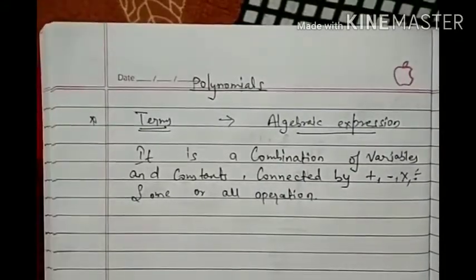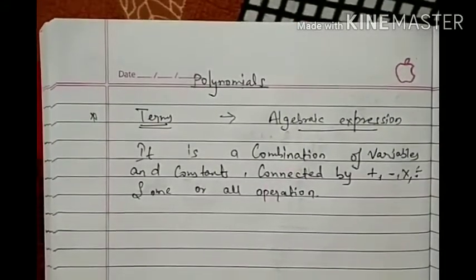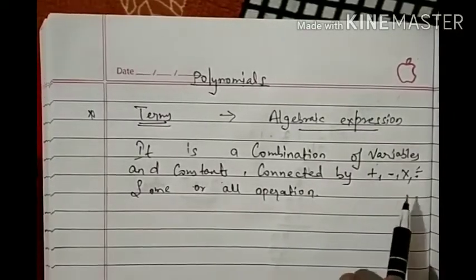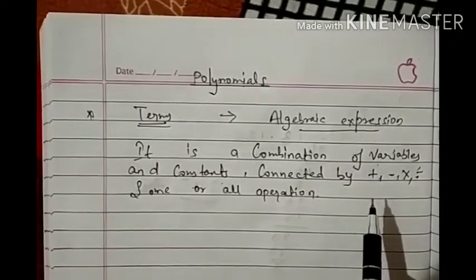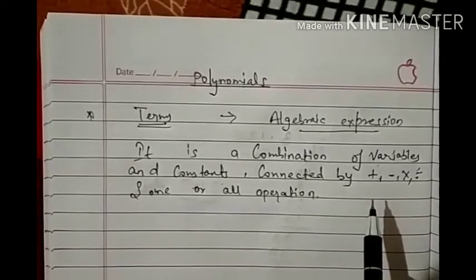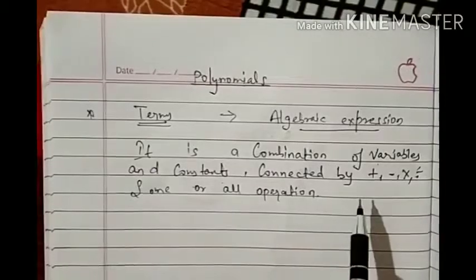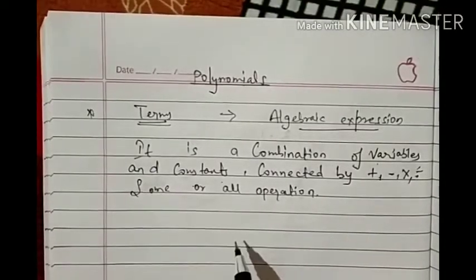So what is algebraic expression? Algebraic expression, it is a combination of variables and constants connected by plus, minus, multiply or divide any of the sign. It can constitute all of these signs or any among these signs. This is basically algebraic expression.